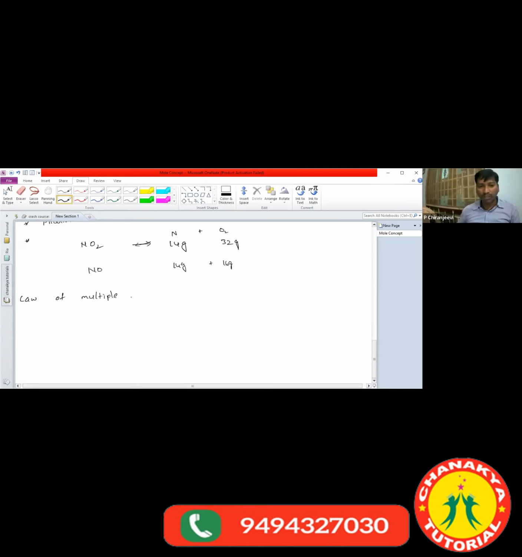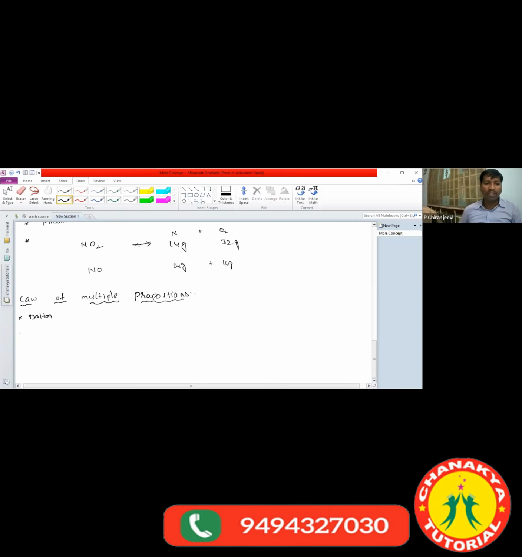Dalton. John Dalton proposed the law of multiple proportions.